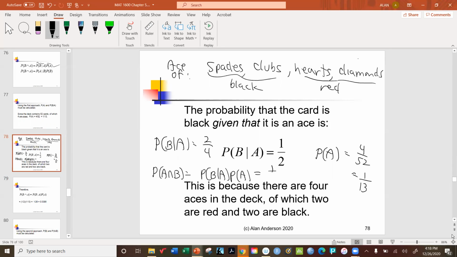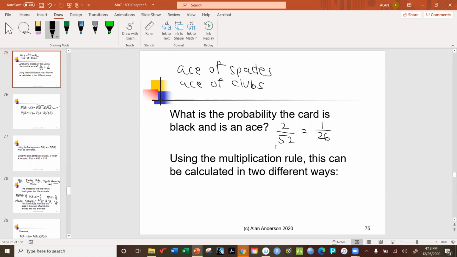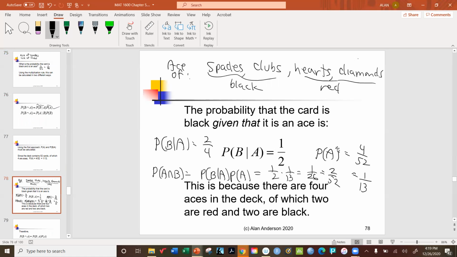And after I've reduced these both, 1/2 times 1/13 is of course 1 over 26, or 2 out of 52. And of course, it's exactly what we found earlier when we noted that there are in fact 2 black aces out of 4. In the entire deck, there's 2 black aces out of 52, which means the probability of randomly choosing a black ace is 1 out of 26.